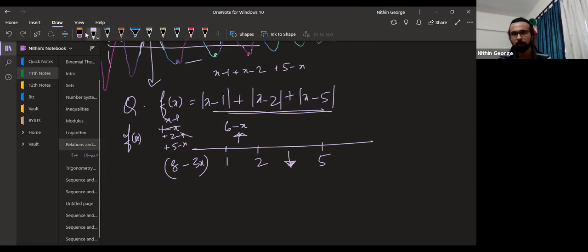Mod of x minus 5 becomes 5 minus x. So x and minus x cancel out, and you get x plus 2 here. And beyond 5, you get 3x minus 8. Got this? So there'll be 4 different lines for this graph.